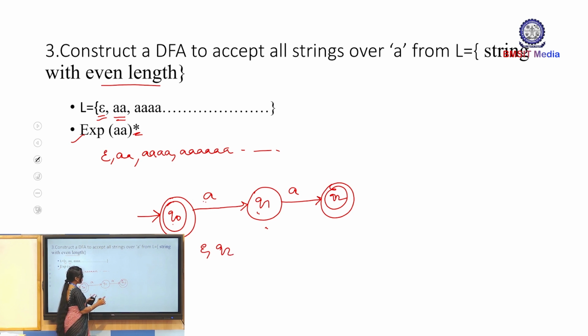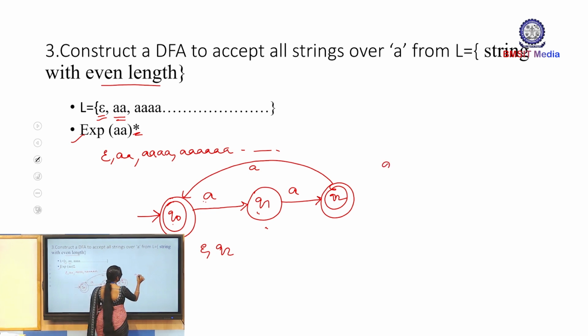Okay. Now let's see what happens when there are 3 A's. Now for example, if I make a transition to Q0 on seeing an A. If I have 3 A's, which is actually an invalid string, it would be accepted by the DFA. We start from Q0. On reading the first input symbol A, you reach Q1.